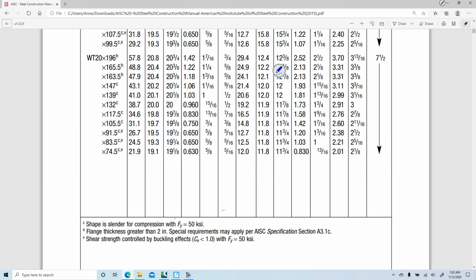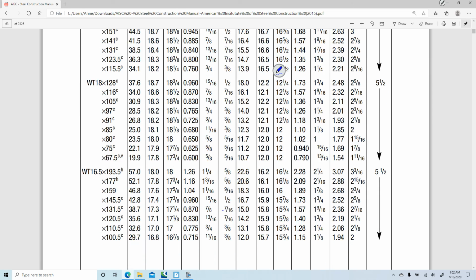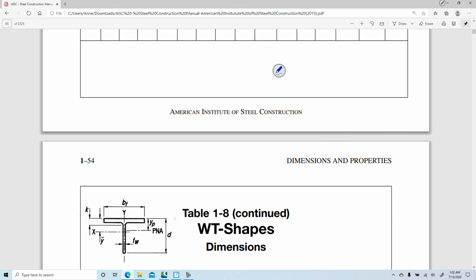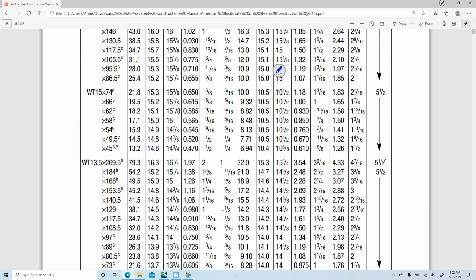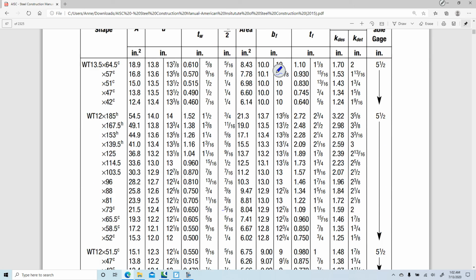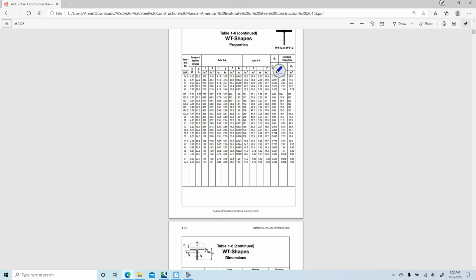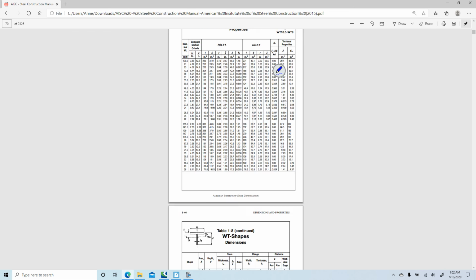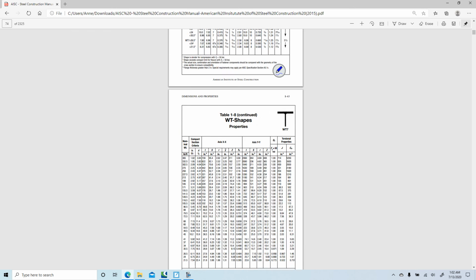Okay, I'm in my WTs. I need to go scroll down and find the 4x9. See, WT4x9.